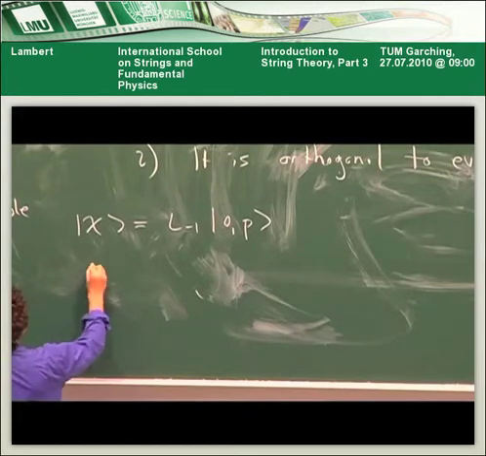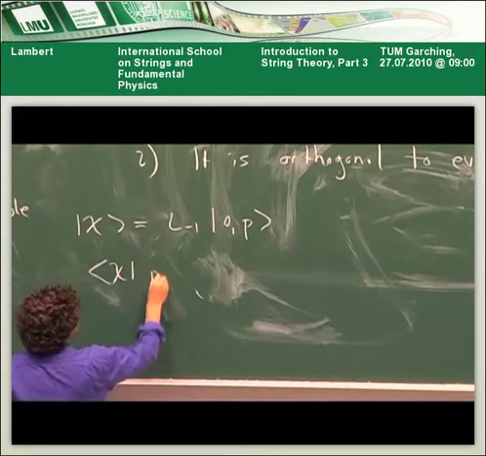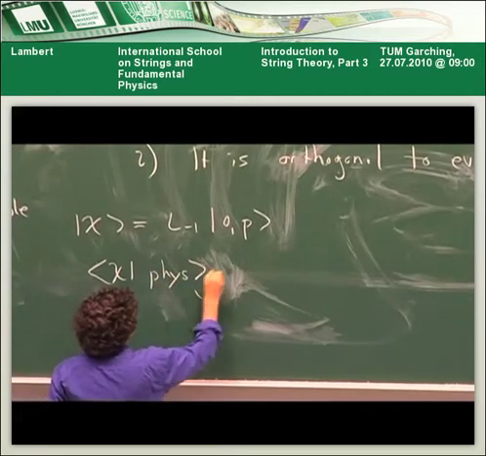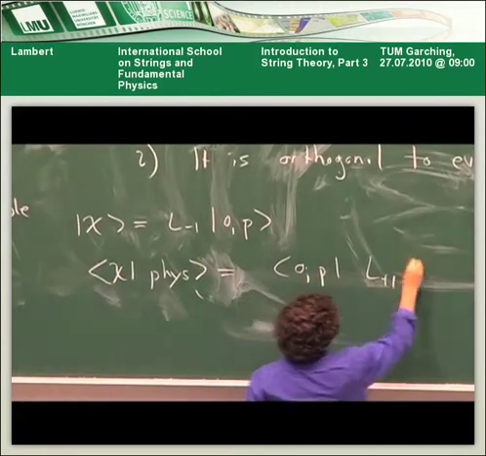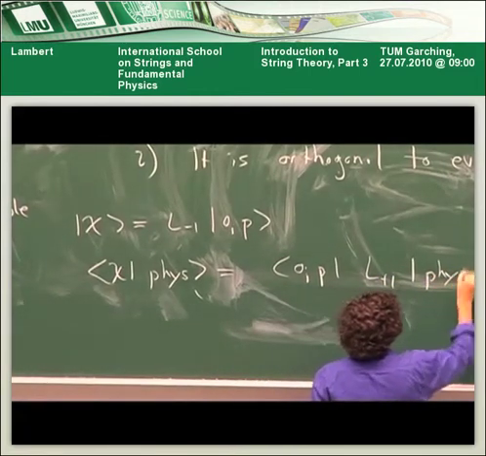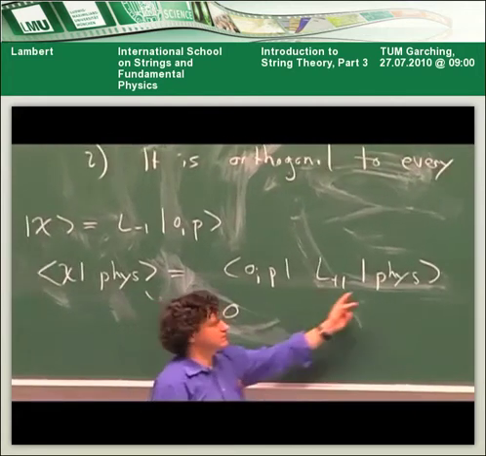Because it's L minus 1 times something, it's clear that it's going to be orthogonal to every physical state, because chi with a physical state is the vacuum p onto L plus 1 physical state. And that's going to be 0 because L plus 1 will annihilate a physical state.